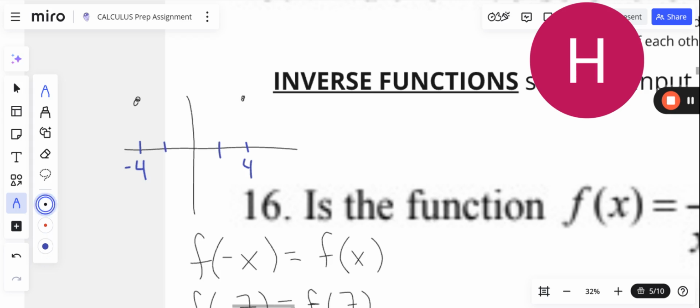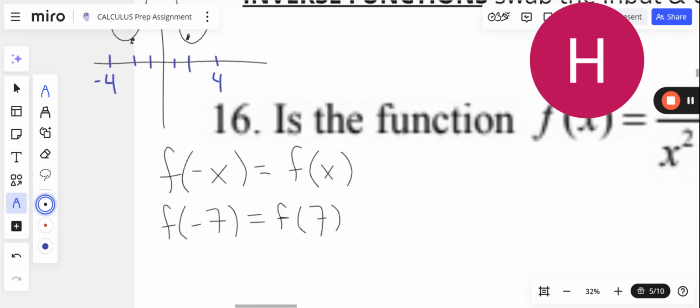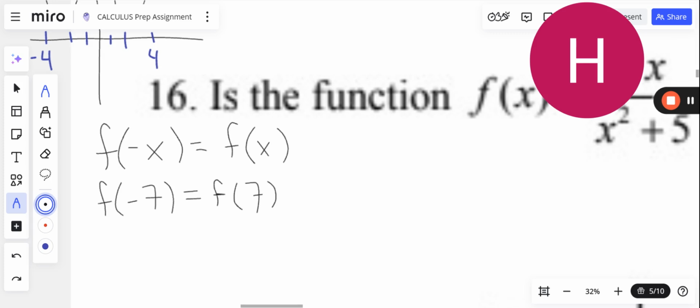They would have this symmetry which kind of connects them. Maybe those points go up there. And so there can be this very interesting symmetry for an even function. Algebraically, it looks like this down here. You plug in a negative, and you get the same thing as if you were to plug in a positive x.